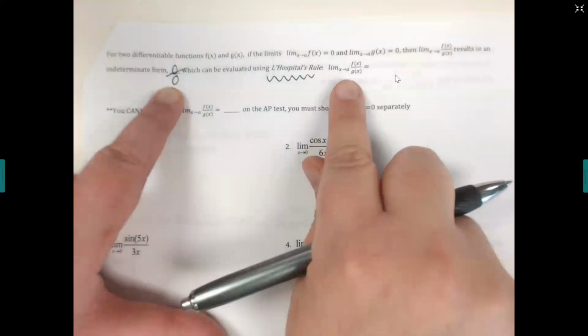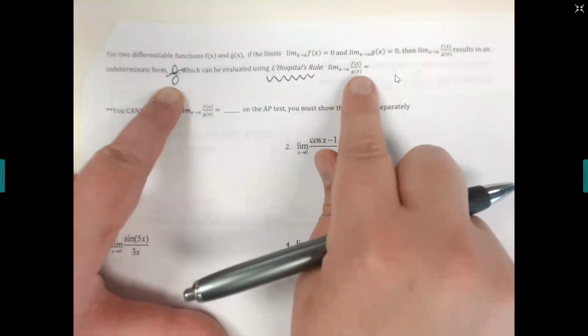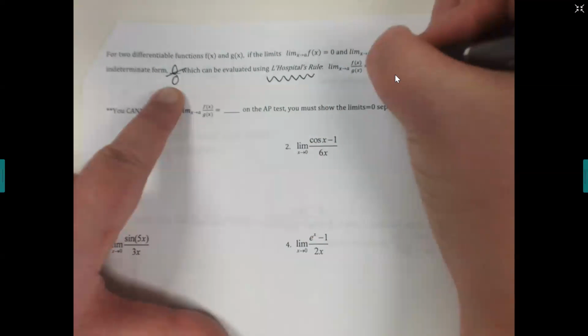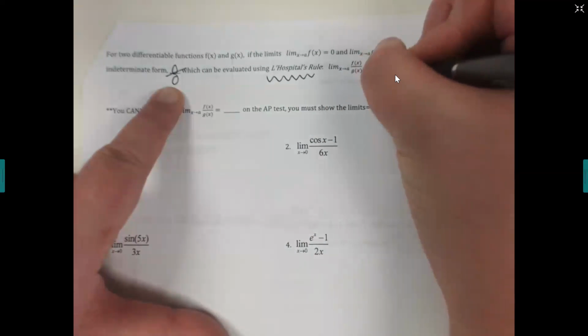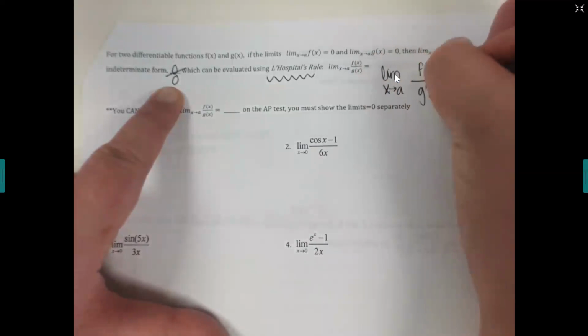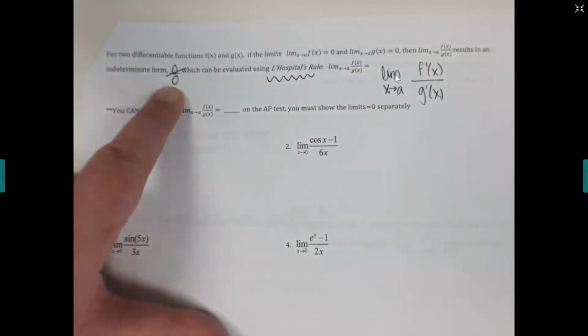L'Hopital's rule says if you have a limit of f over g and you're getting 0 over 0, you can retry the limit with the derivatives of those functions. So you take the derivative of the top and then the derivative of the bottom. You are not doing a giant quotient rule. You're treating the top as its own function and the bottom as its own function.